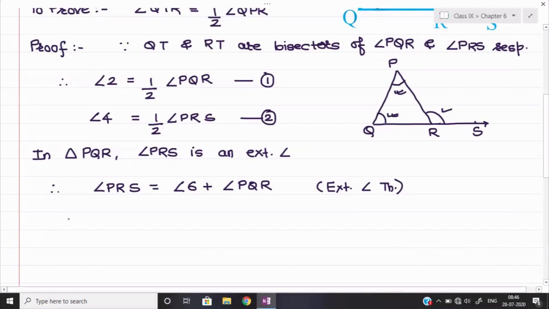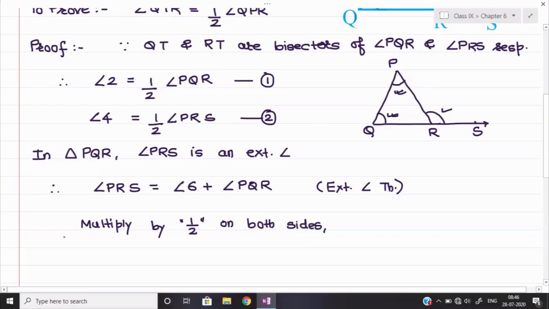As you know, in the equation I can add any element, I can subtract, or I can multiply. So here I am making one correction, multiply by 1 by 2 on both sides.